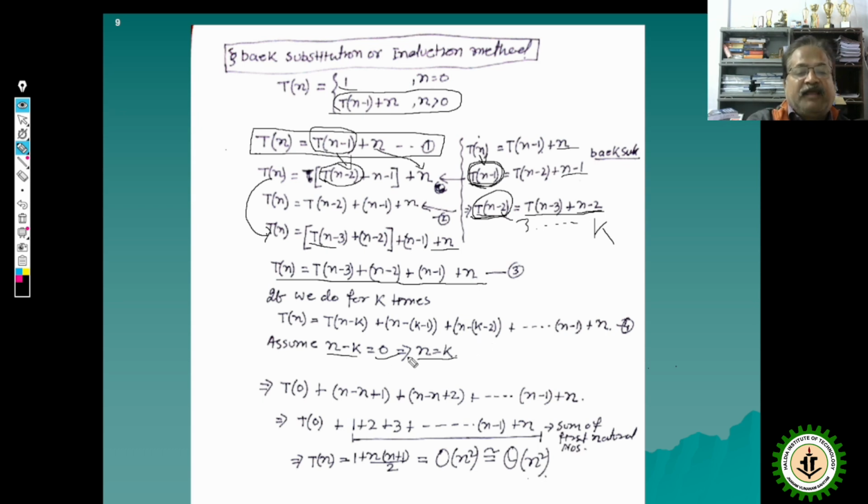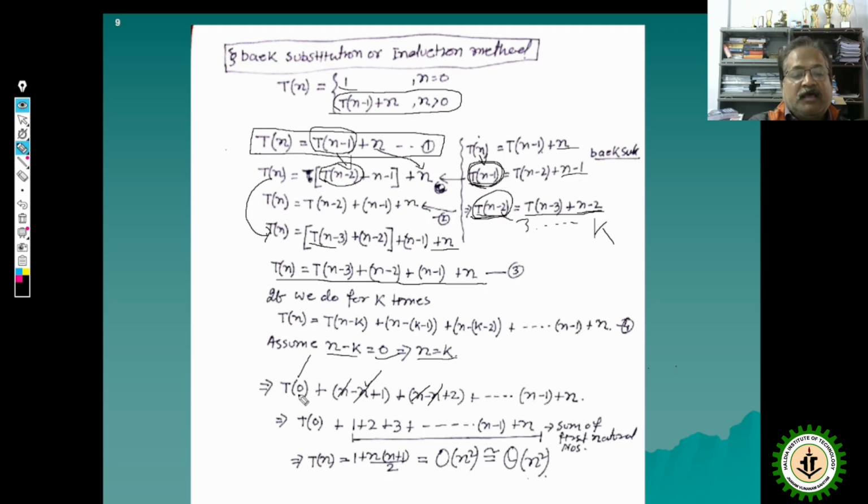Now if I put this value, in place of k we put n. So I got 0 here. Here, in place of k, I put n, so this is n plus 1. This n will be subtracted, this 2 will be deducted, up to n minus 1.